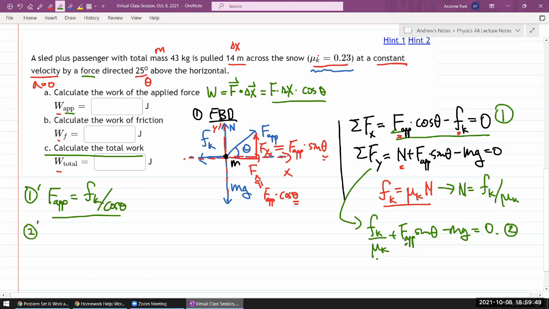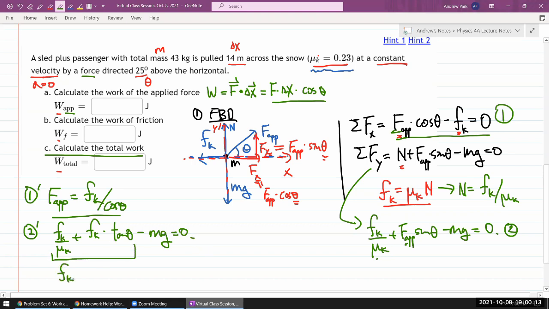So my 2 prime, after plugging in 1 prime, is going to be friction divided by mu k plus, now I plug this in, fk divided by cosine theta times sine theta, that's going to be times tangent theta, minus mg is equal to 0. And I can collect like terms here.